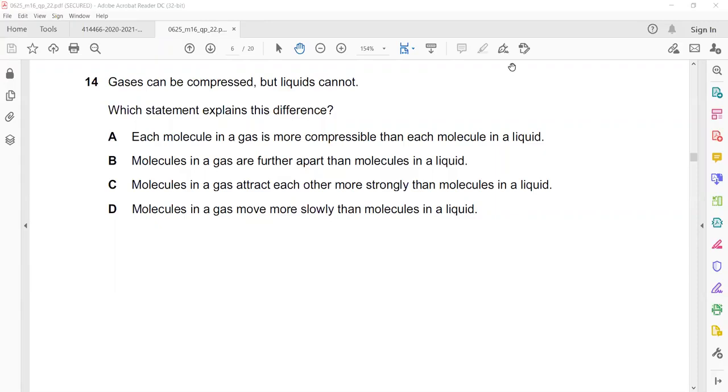So in gases, the particles are further apart. So when we apply a force, we can move the particles closer to each other. That is why B is the right answer.